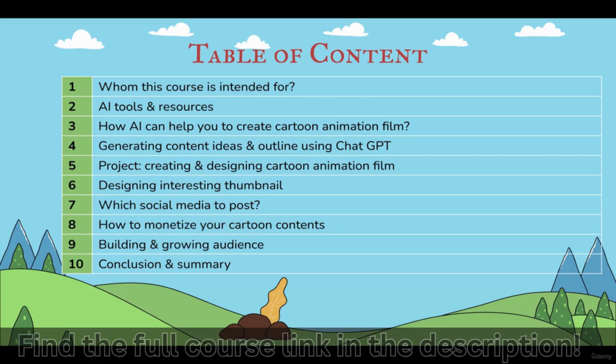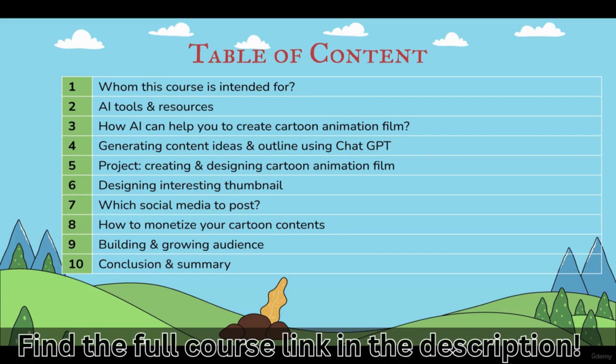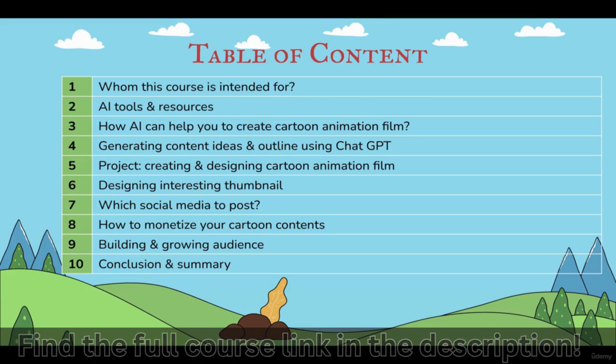So we're going to talk about several effective strategies that you should implement to build and grow your audience. Obviously, it's going to take time. It's not going to happen overnight, but the thing that I can guarantee is, if you're consistent and you ensure the quality of your content, the quality of your cartoon film, then you're going to see results in the next couple of years.